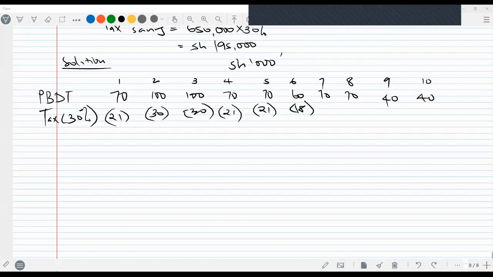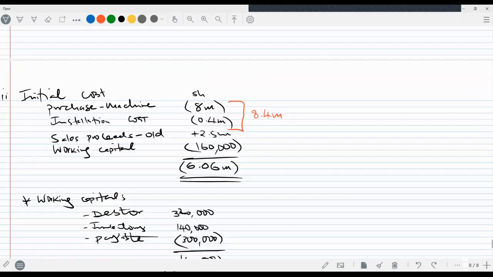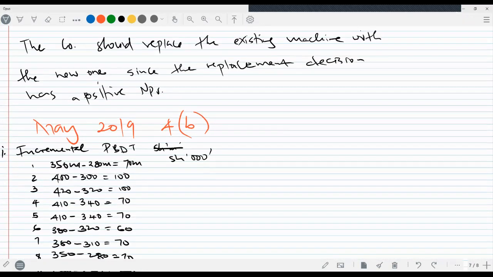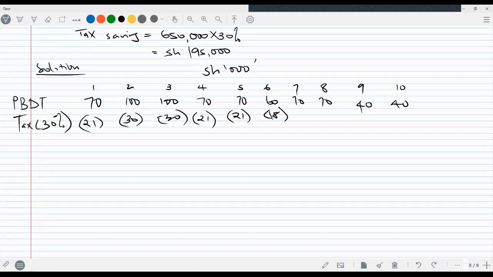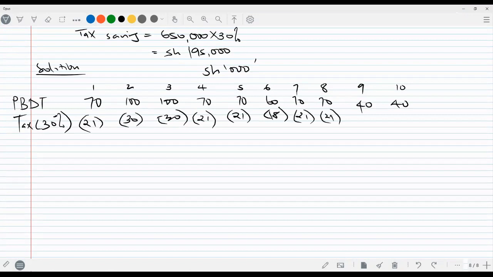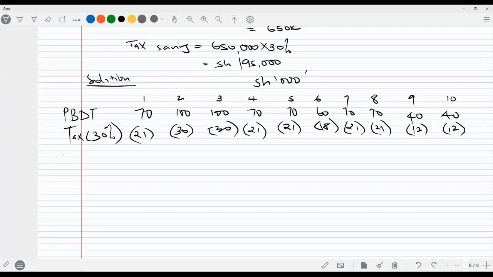Year 4 is okay. Year 5, is it okay? Yeah, 70, 60. Then 21, 21, this is 12. However, we have tax savings, don't forget. Every year we have a tax saving equal to 195,000 from the working above.